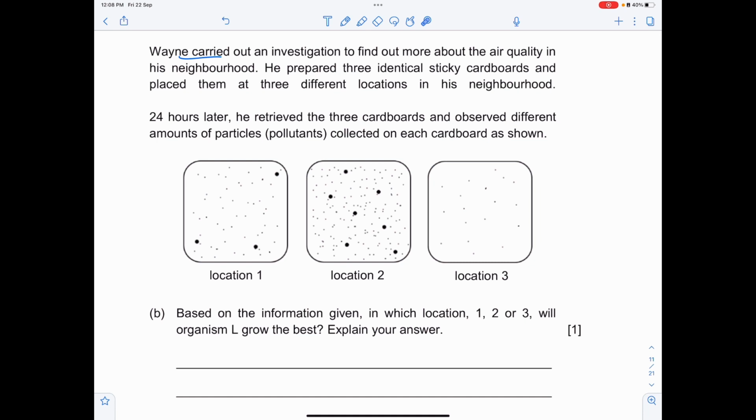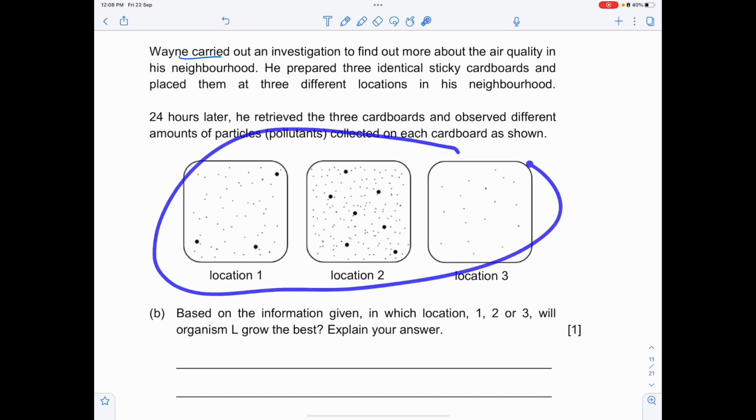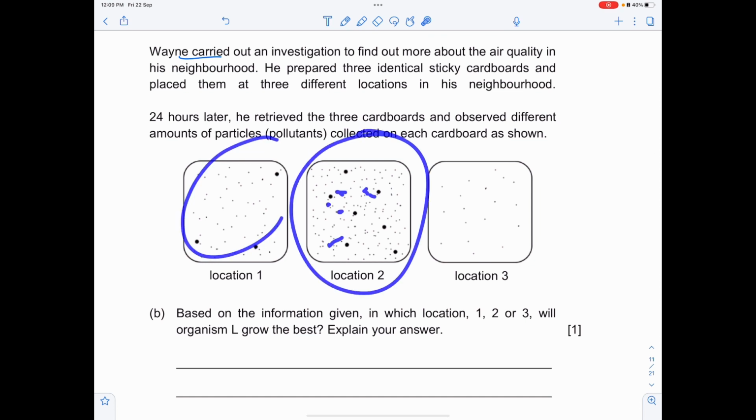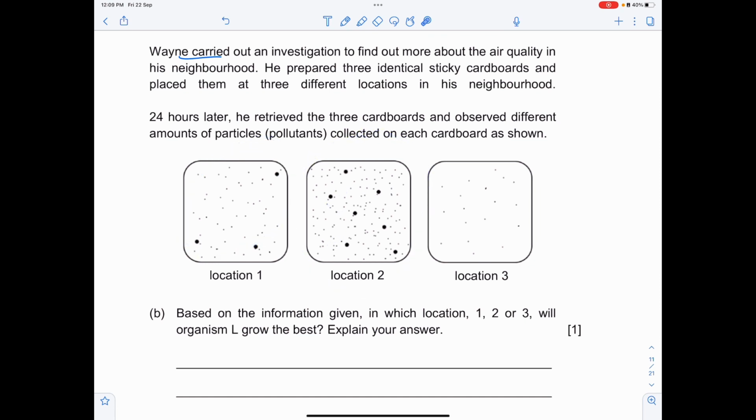So basically very simple. The board with the most amount of pollutants, most spots, is the most polluted one. And the one with the least amount stuck onto it is the least polluted one.